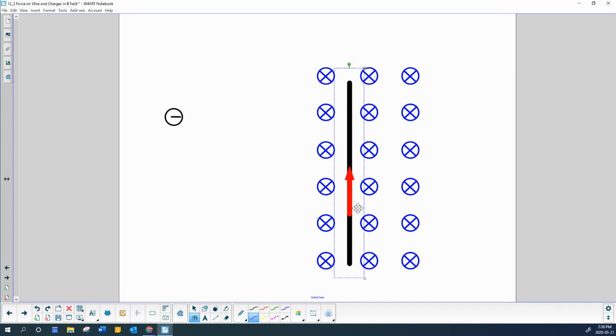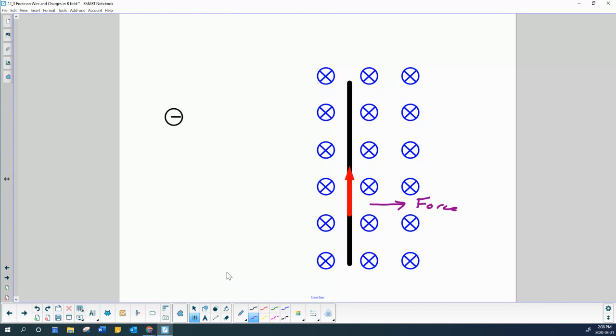So our left-hand rule would tell us that we will feel a force in this direction acting on this wire. Electrons up, so thumb pointed up, fingers into the page. Now my palm is showing me that the force on this thing will be to the right.